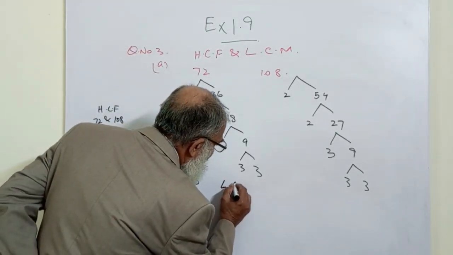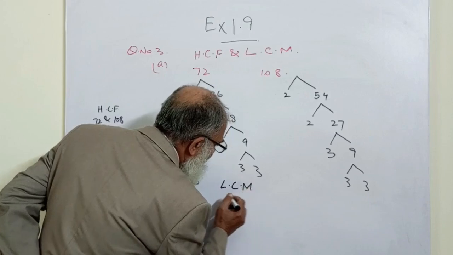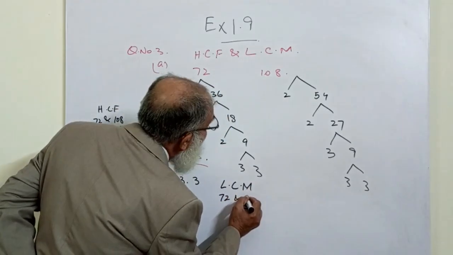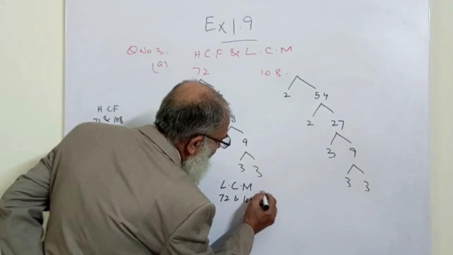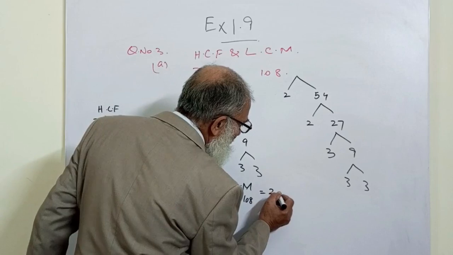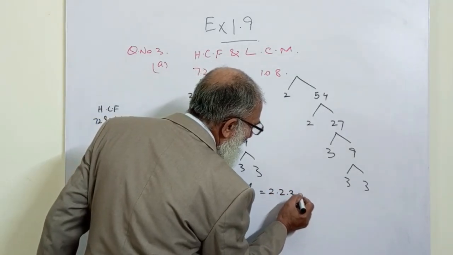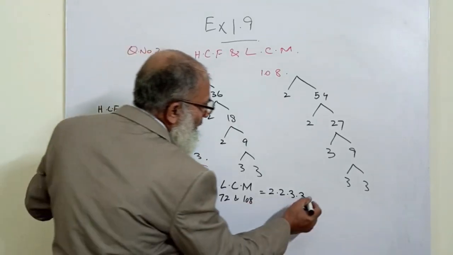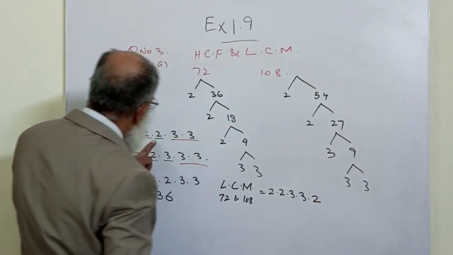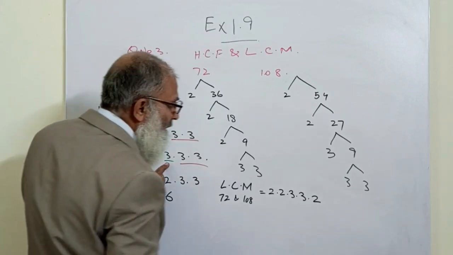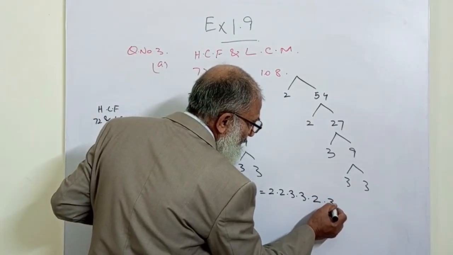LCM of 72 and 108 is equal to, we take all these common numbers, and starting from above, the number in 72 which is left over, and the number in 108 which is left over.